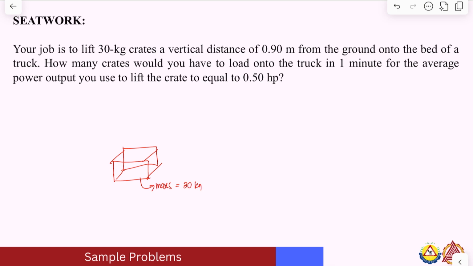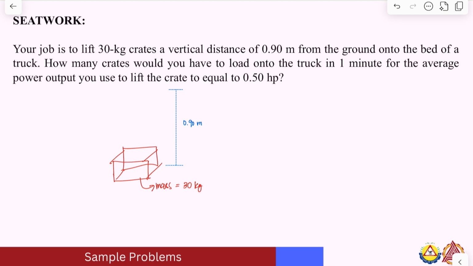And then your job is basically to lift that crate a distance of 0.90 meters. So let's say if this one right here is your reference or floor, you have to lift this at a height of 0.90 meters from the ground onto the bed of a truck. So you have to load this onto the truck.